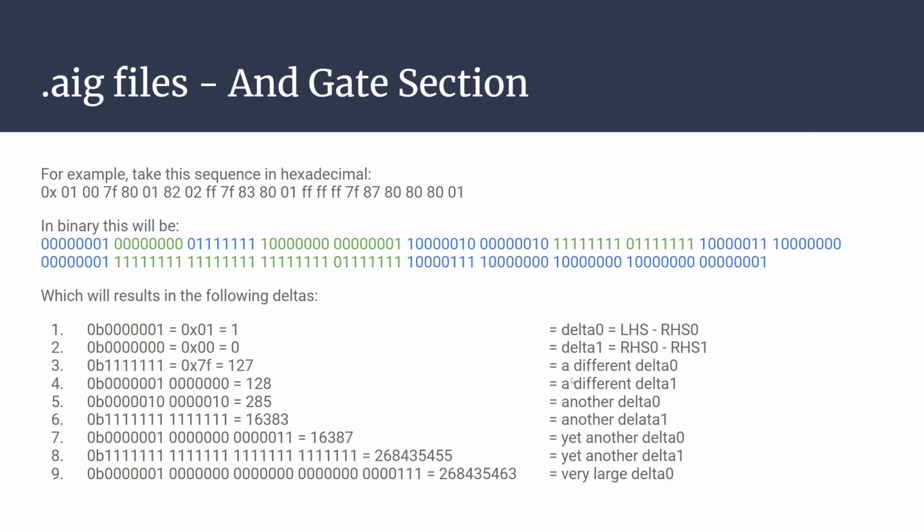And I put in an example here to solidify this fact. So if you saw a string of bytes that looked like this in hexadecimal, we look at it in binary, and then we see each time that we have a 0 in an MSB, we know that this is the last byte of the current number that we're trying to model.